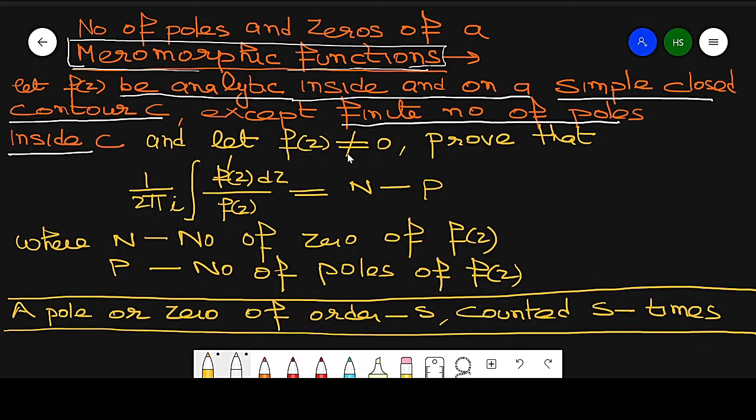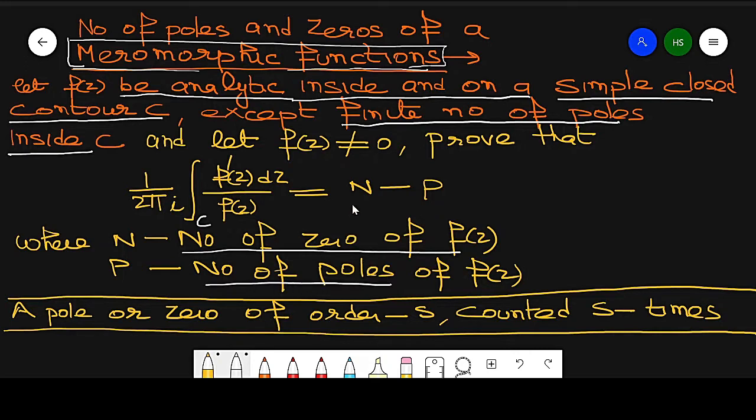Let f of z be non-zero on C, then prove that 1 by 2 pi i integral around C of f dash z over f z dz is equal to N minus P. What is N? N is the number of zeros. And what is P? P is the number of poles.